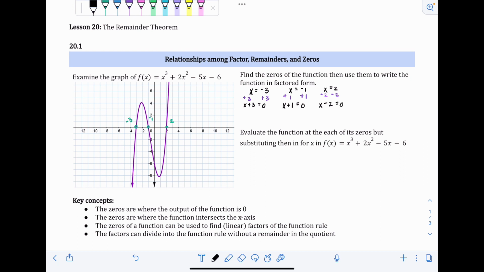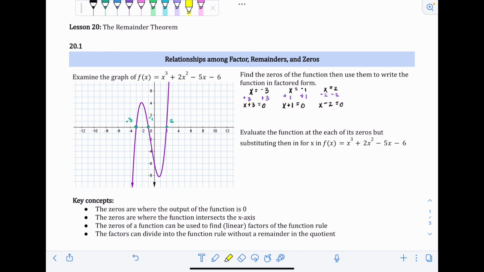So it's like working backwards. If we were solving by factoring, we would get these factors, x plus 3, x plus 1, x minus 2, set them equal to 0, and that would give us the solutions x equals -3, x equals -1, and x equals 2. So from the graph, we find the solutions and we work backwards to find the factors.